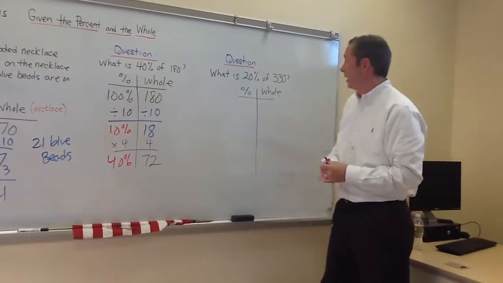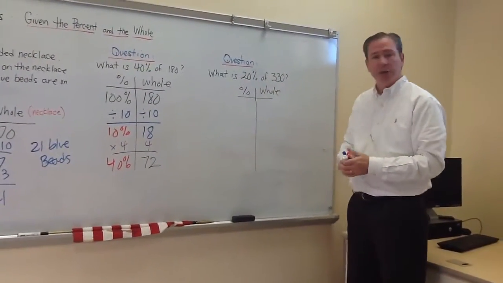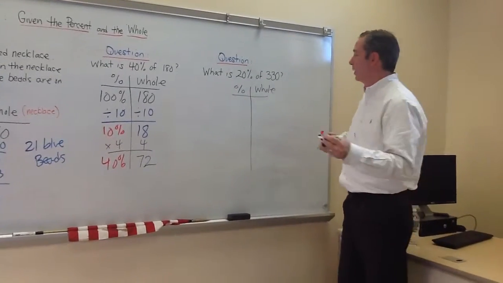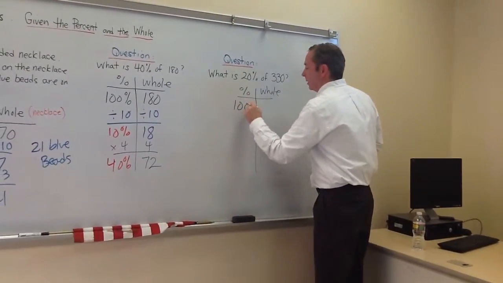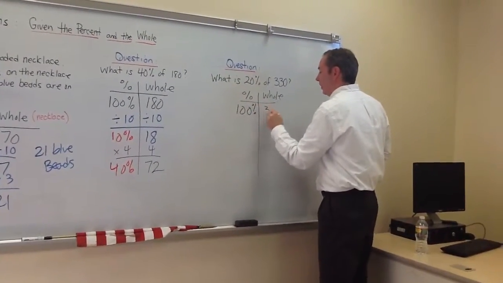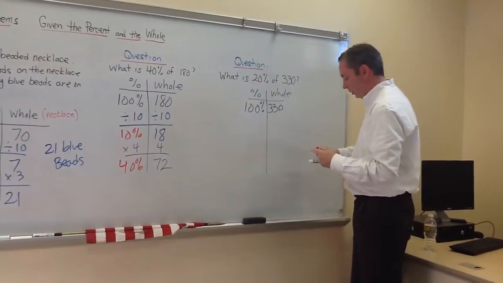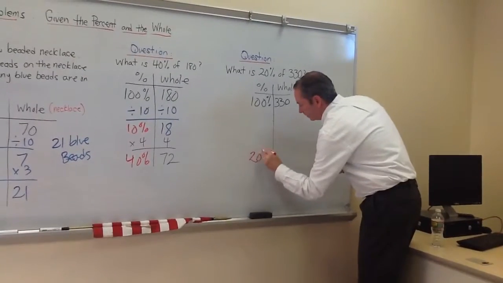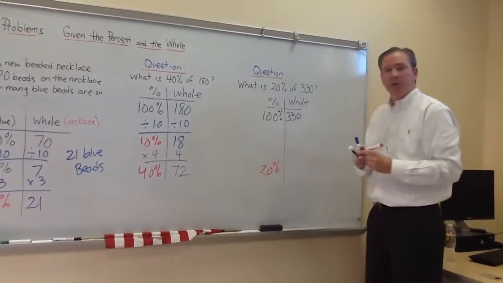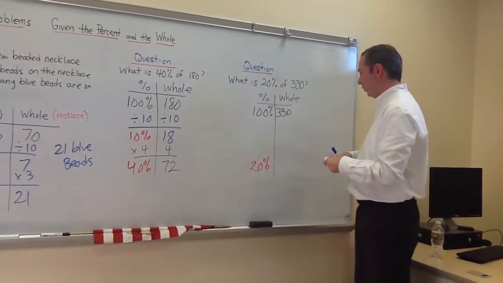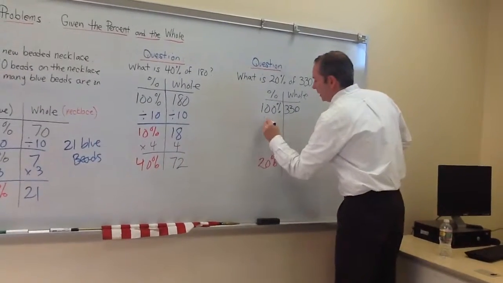Okay, one more example. What is 20% of 330? So again, we're going to take 100% is 330. And we want to get down to 20%. So we'll use our 10% rule and we'll divide both sides by 10.